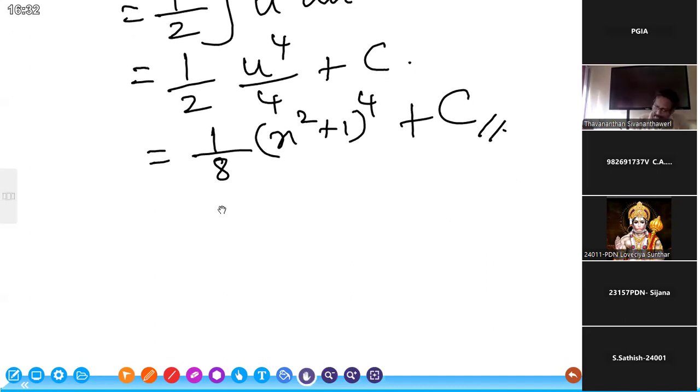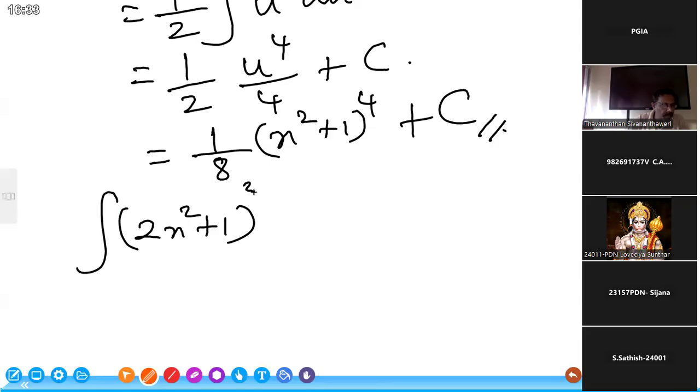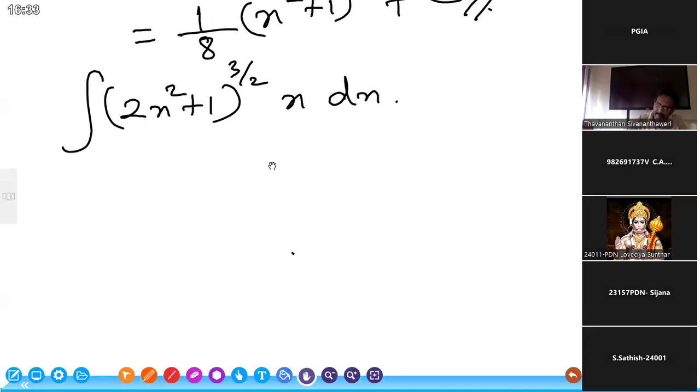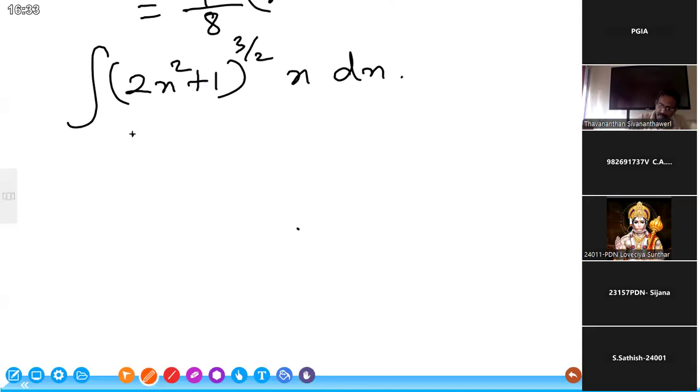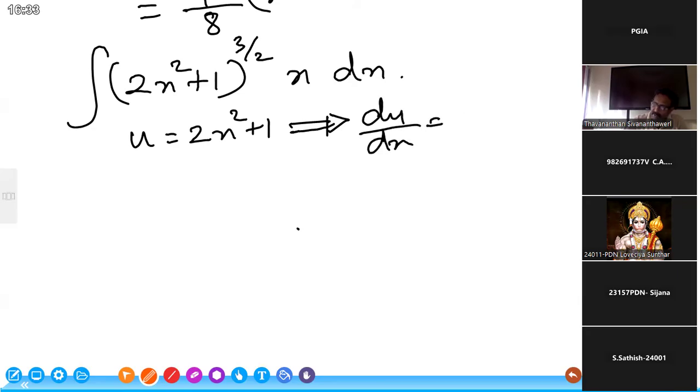Similarly, you can try this one, integration of 2x square plus 1 whole thing to the power 3 by 2 into x dx. So here u is 2x square plus 1. From that, you could see du by dx is equal 4x. From that, dx is equal du divided by 4x.